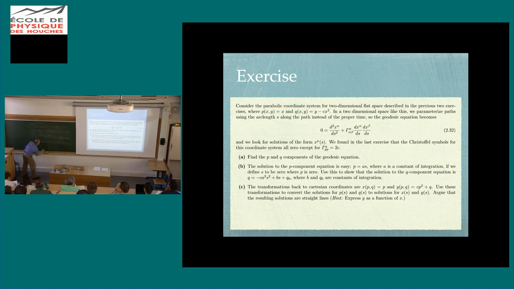Well, y is going to be c times A S squared, so c A squared S squared, and then plus q, but q is equal to this, which is minus C A squared S squared plus B S plus Q0.